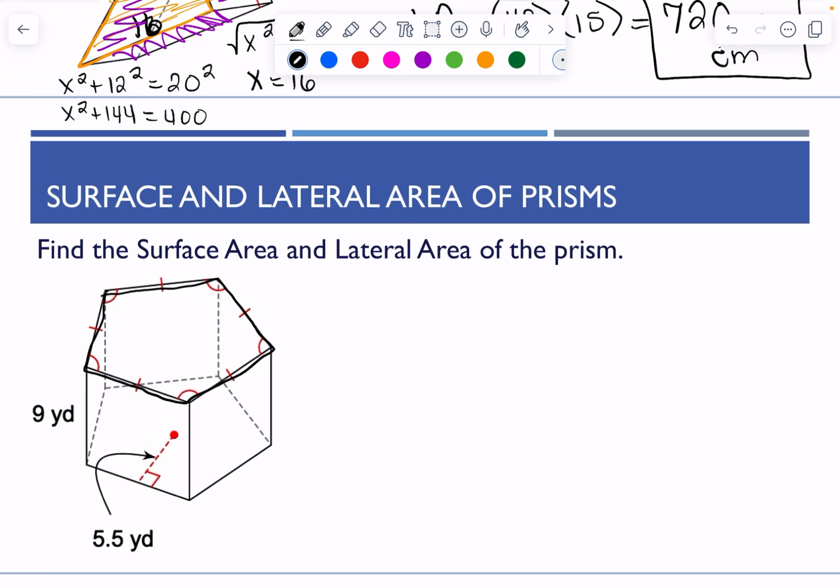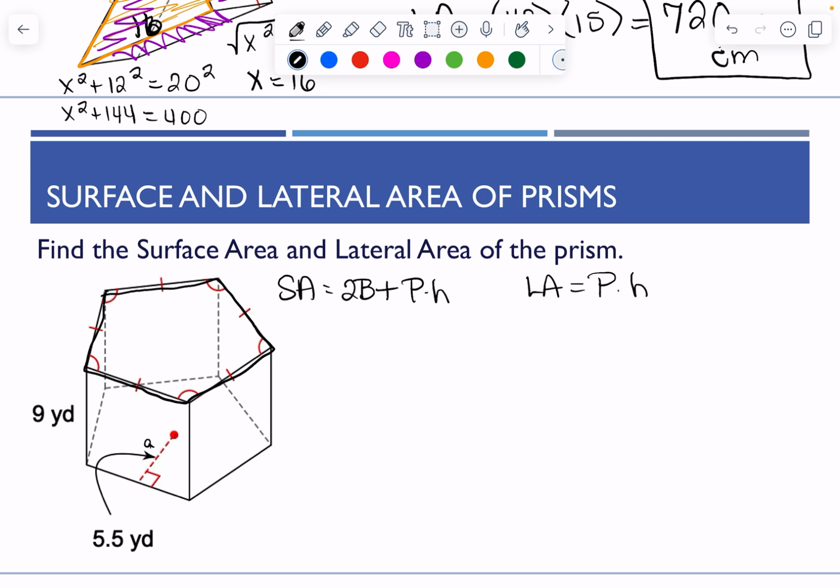So remember, surface area is equal to 2 times the base plus the perimeter times the height. Lateral area is equal to just the perimeter times the height. So the first thing we need to know is the length of one side. Now, if you notice, they give me the apothem right there in the middle.